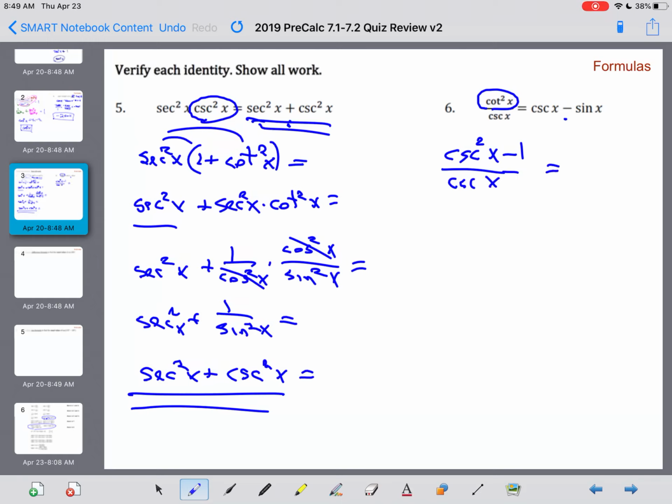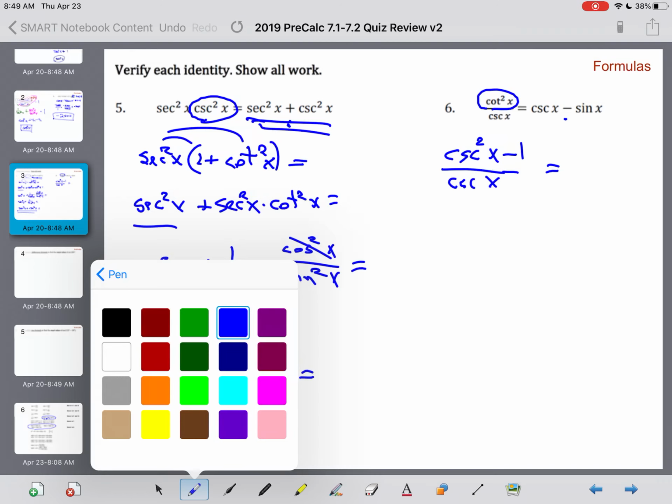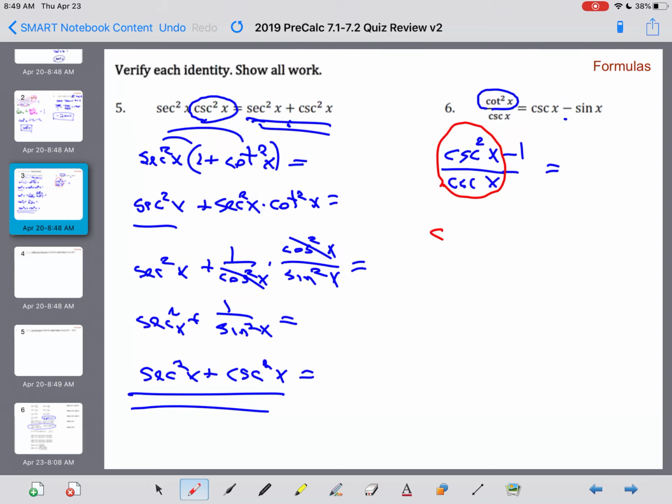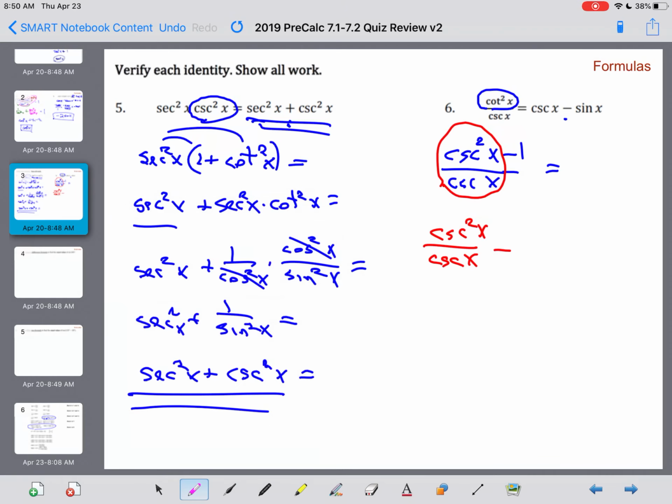Alrighty. And now I'm going to break that up into two fractions. So that's going to be cosecant squared x over cosecant x, and then minus 1 over cosecant x.